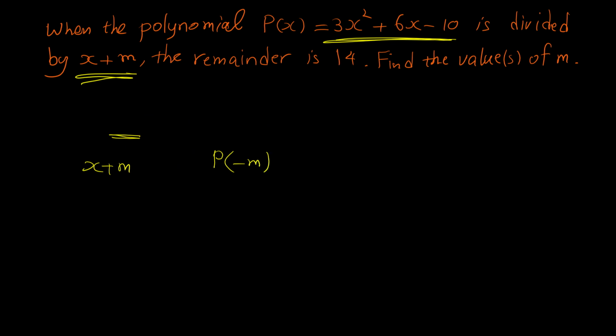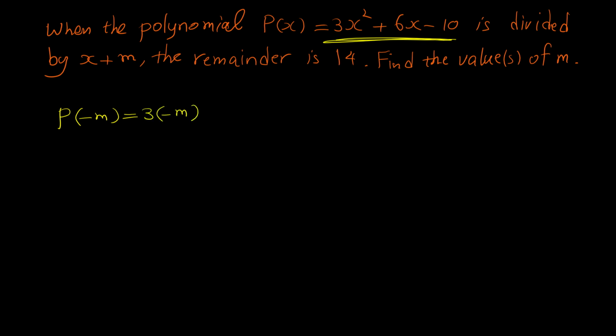So we can simply find the value of the remainder by substituting negative m in the given equation for the polynomial. P of negative m equals 3 times negative m to the 2 plus 6 times negative m minus 10. If we simplify, this equals 3m to the 2 minus 6m minus 10.